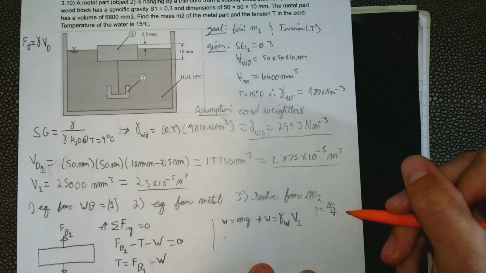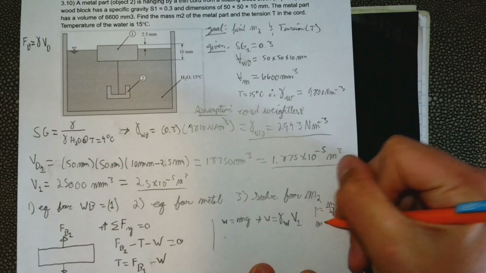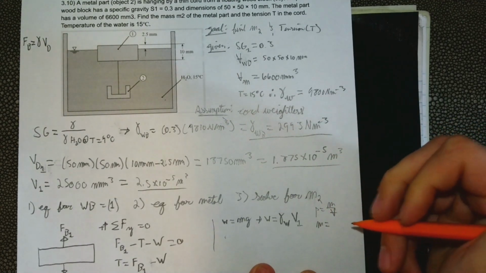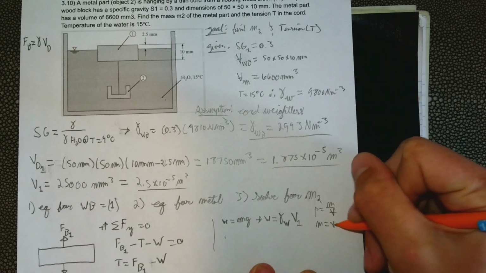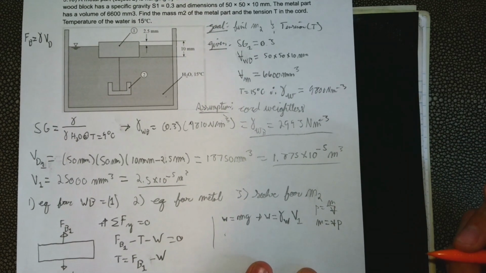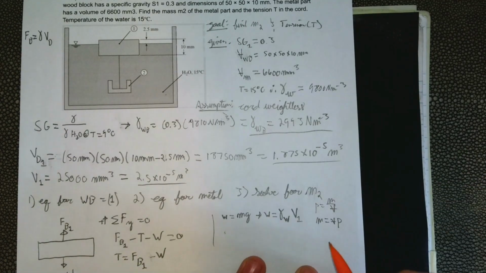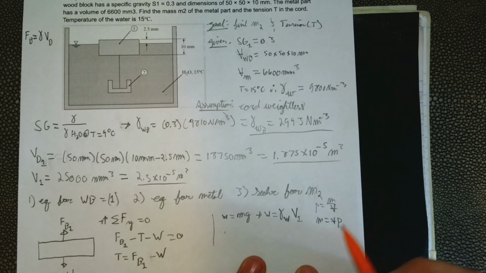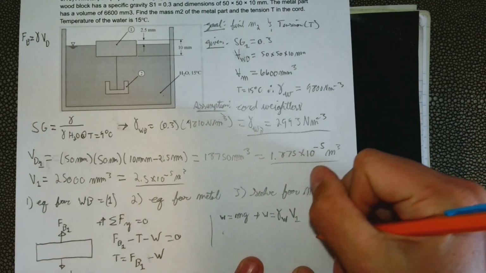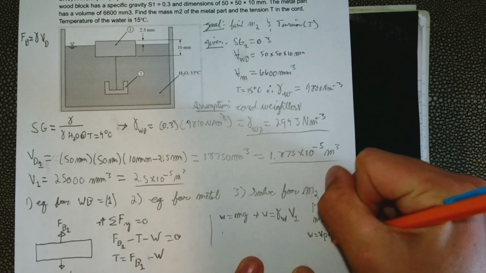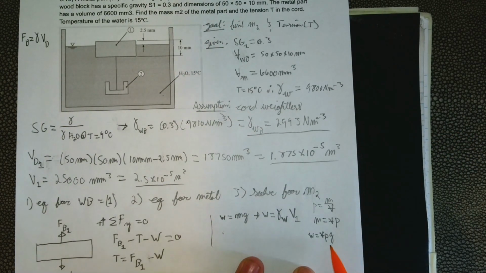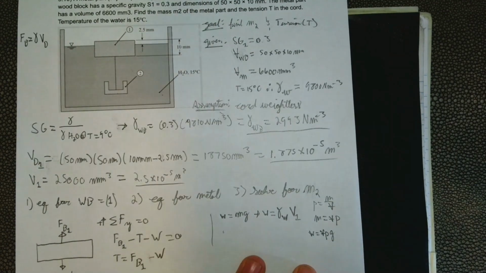Using this density formula, we know that mass equals volume times density. So if you plug this back in, weight equals volume times density times gravity, and density times gravity is equal to specific weight. So that's how I got there.